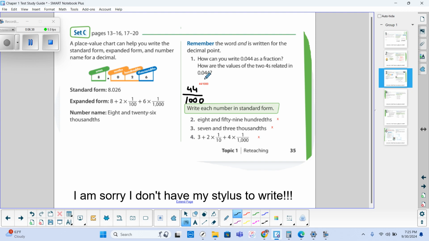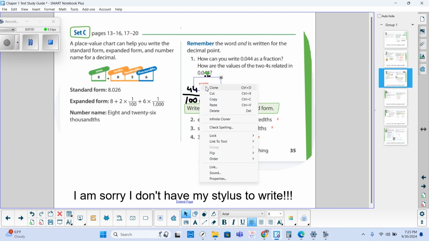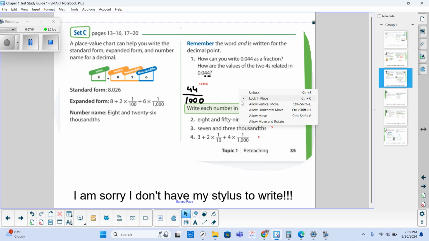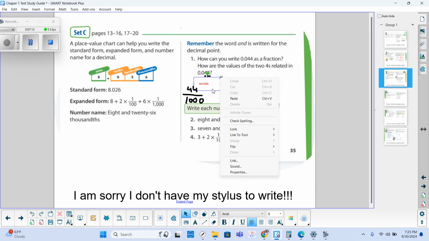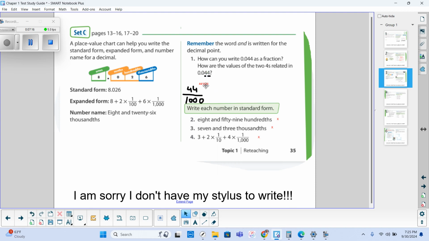How are the values of the two fours related in 44 thousandths? Well, this 4 here is 10 times bigger than the second 4, or you can say that the second 4 is 1/10 as big. So the first 4, let me write this as a sentence. Once again, I apologize for the amount of time this is taking.